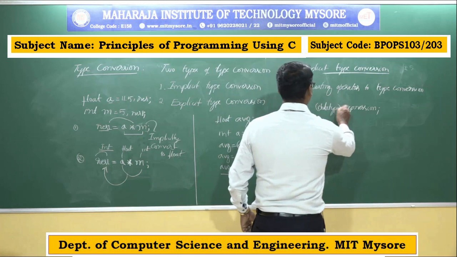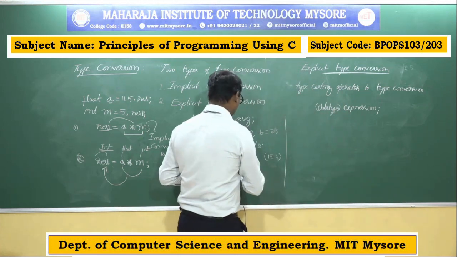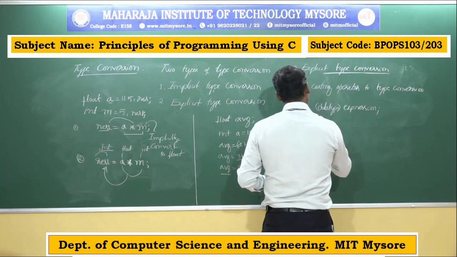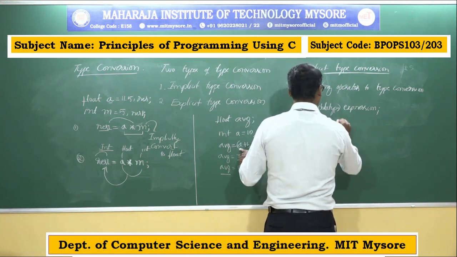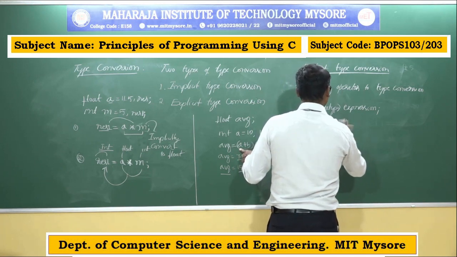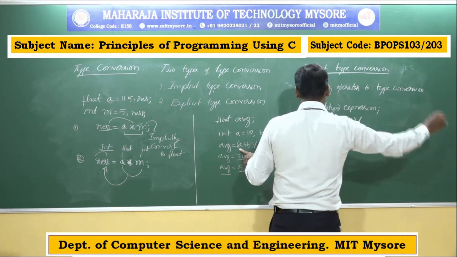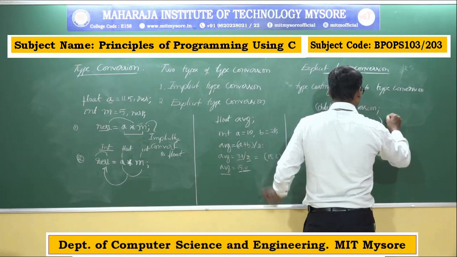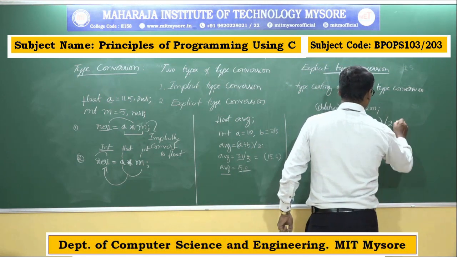Now I'll consider this variable: avg is equal to (float)(a plus b) divided by 2.